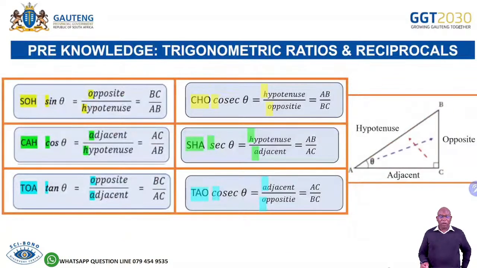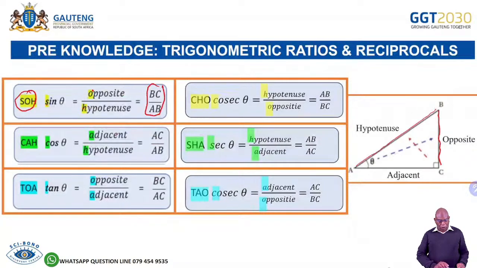Just some pre-knowledge on the work that we're going to be doing. The ratios, we must always know these ratios. You must always know your SOH, which is your sine: opposite over hypotenuse. In this case, if I'm looking at the diagram, it is the BC side over the AB side. So that is the sine.